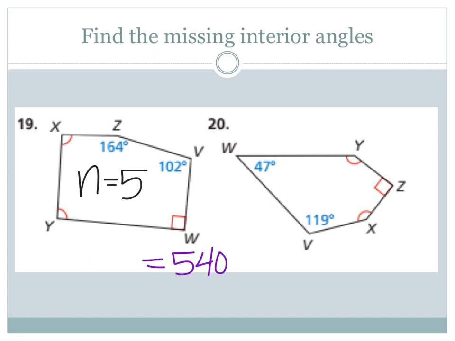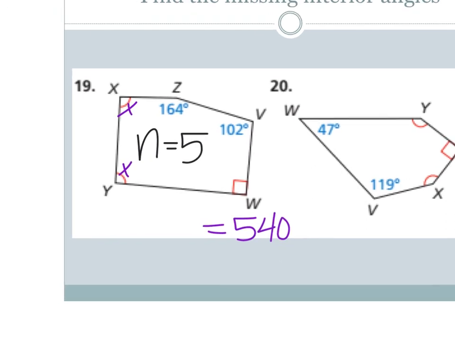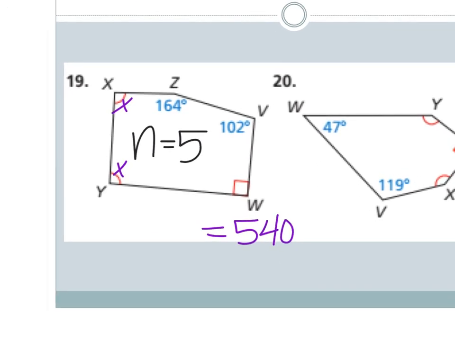I don't know these two angles, but they look like they're the same. I know they're the same because they have the same little red dash marks, so I'm going to call them x. Now we add up all of our angles, because together they have to equal 540. So we have x plus x plus 90 plus 164 plus 102, and 90 plus 164 plus 102 is 356.